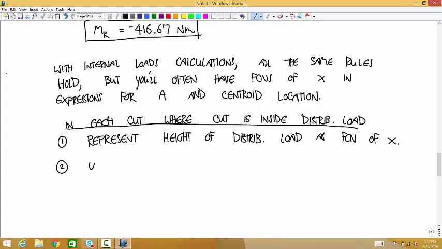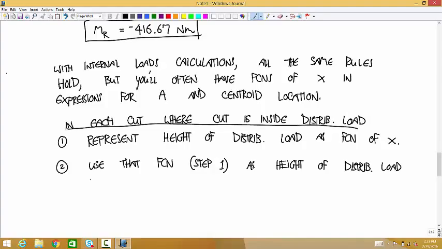And then use that function from step 1 as the height of the distributed load at the right end of the cut.